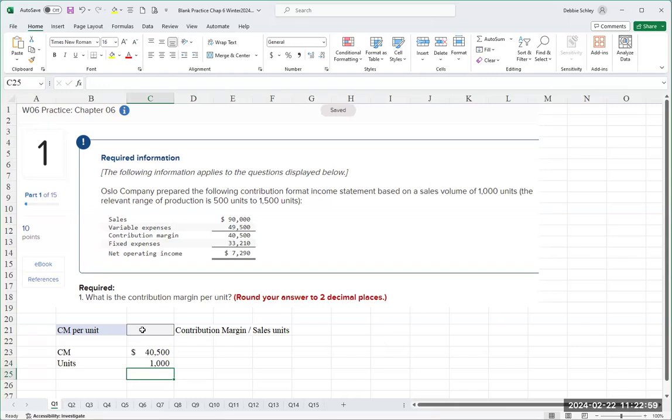So the contribution margin per unit is going to equal the contribution margin divided by the sales units. So it's contribution margin per unit for my question is $40.50. And again, watch for these red words in your instructions. It's going to give you how they want things input so you get them correct. So this one is rounded to 2 decimal places.